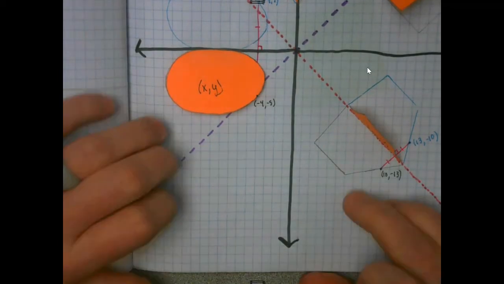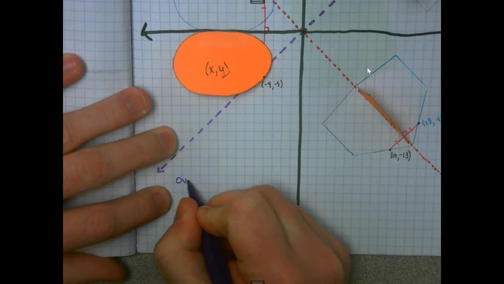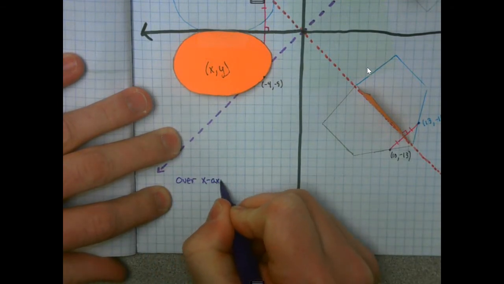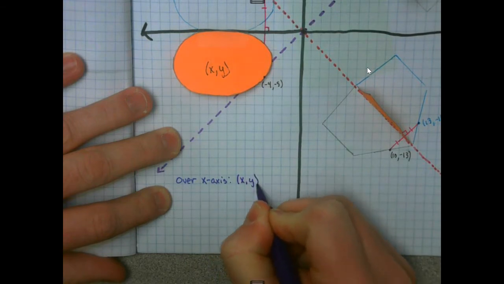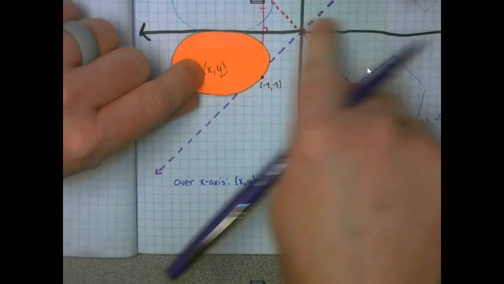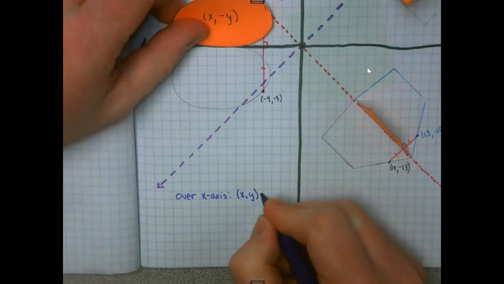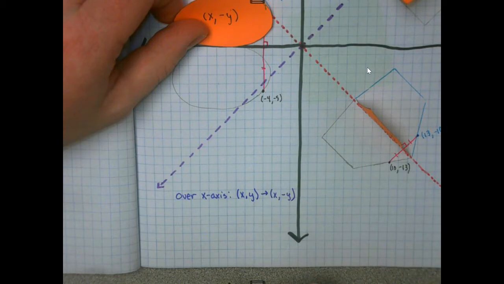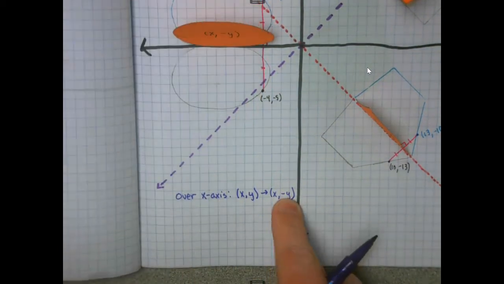We're going to write them out down here in the corner. So if I flip over the x-axis, that rule is x, y. Okay, here's my x-axis. x, y goes to x, negative y. Okay, flip over the x, only the y value changes.